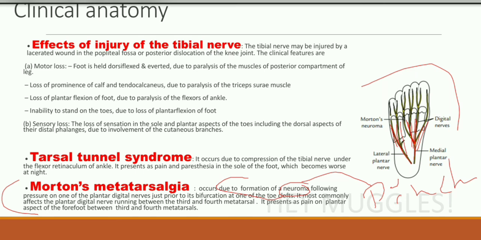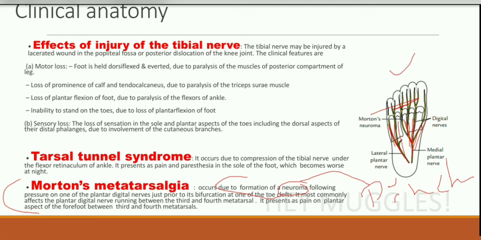As the plantar digital nerve is going to bifurcate into the toe clefts, it is going to divide at one of the toe clefts, there is pressure on these nerves, and due to that there is formation of a neuroma, right? It mostly affects the plantar digital nerve that is running between the third and fourth metatarsal.